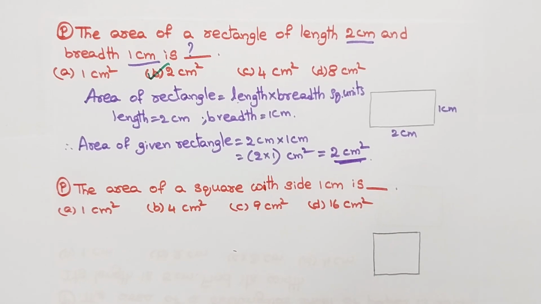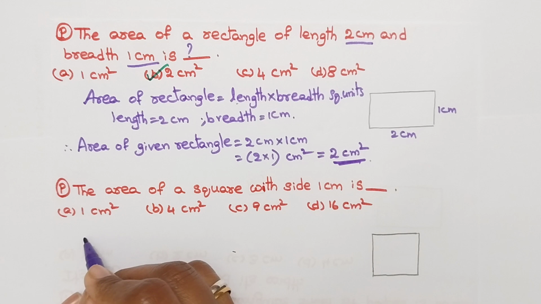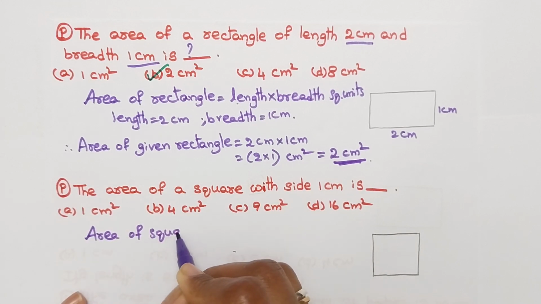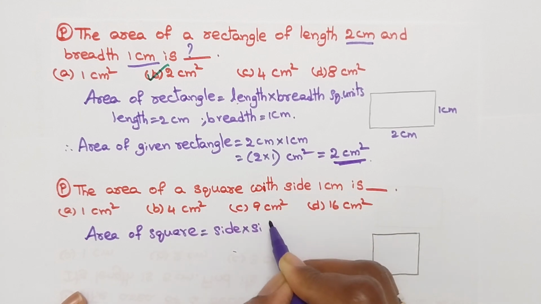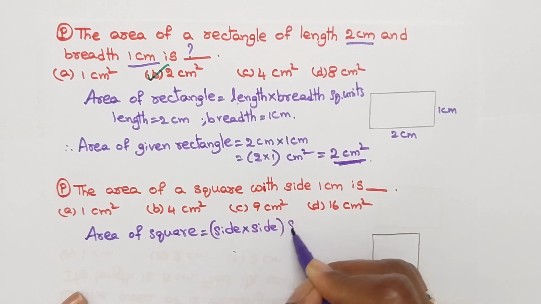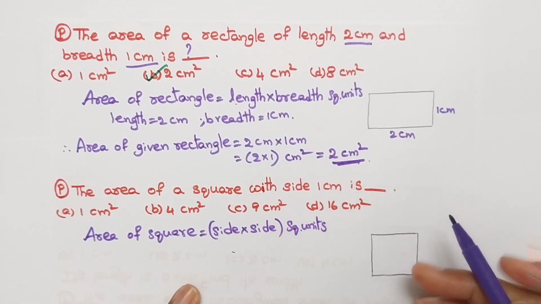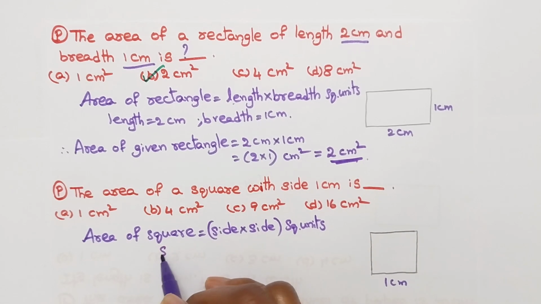Now we solve this problem. The area of a square with side 1 centimeter. What is the formula for area of square? Area of square equals side into side, square units. What side have they given? 1 centimeter.